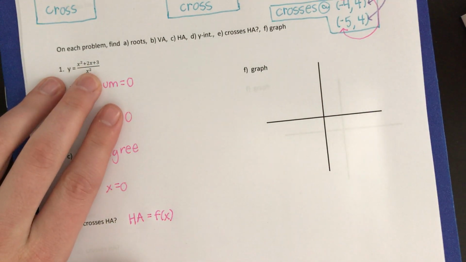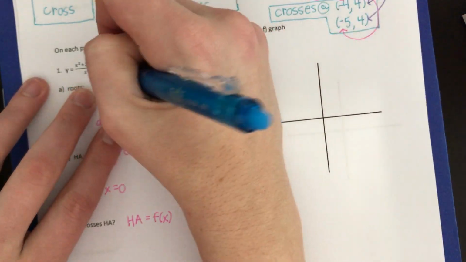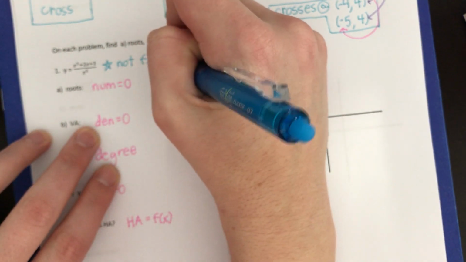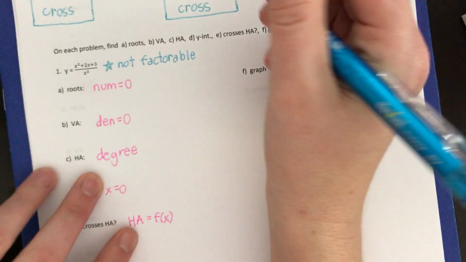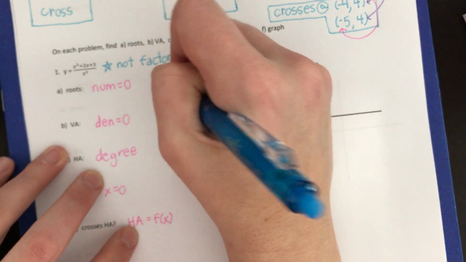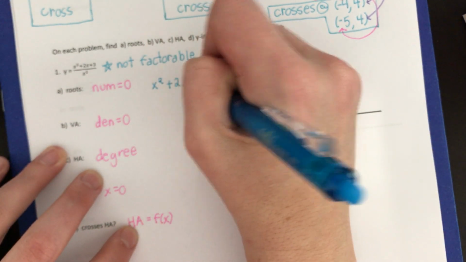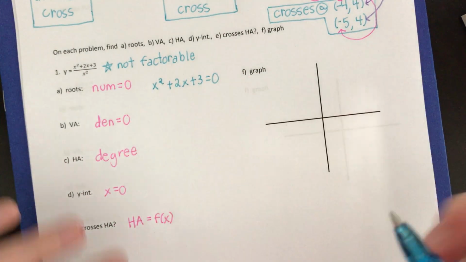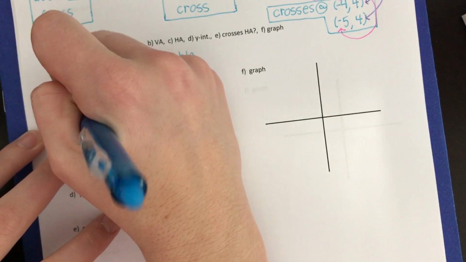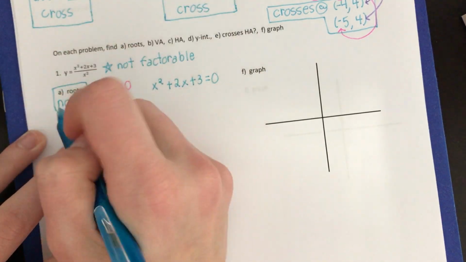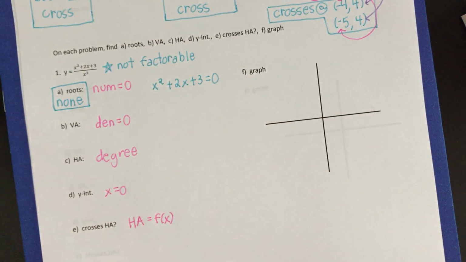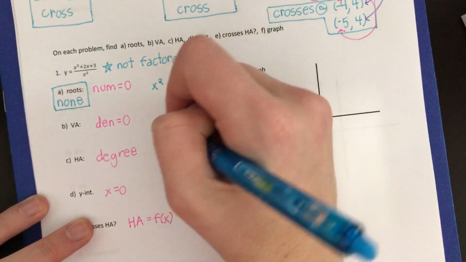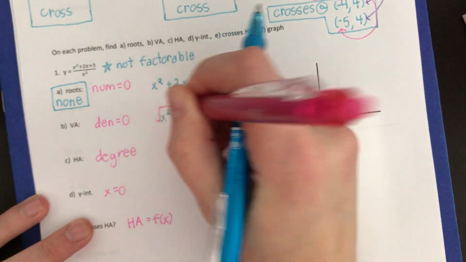So for the numerator, let's look. This polynomial is not factorable. So when we set x squared plus 2x plus 3 equal to 0, we're not going to be able to factor. We're not going to have any roots. No roots here. Okay, next, denominator equal to 0. Square root both sides.